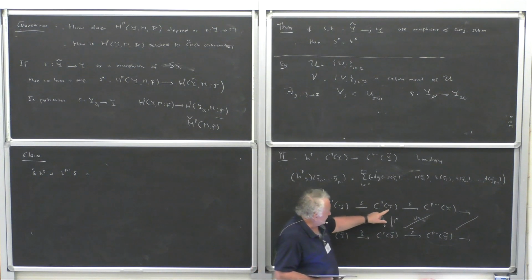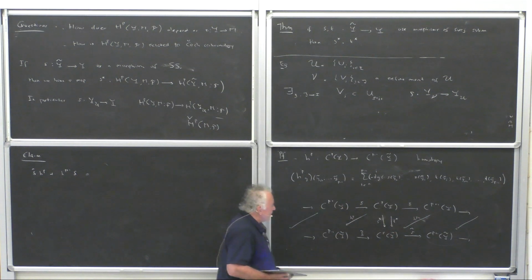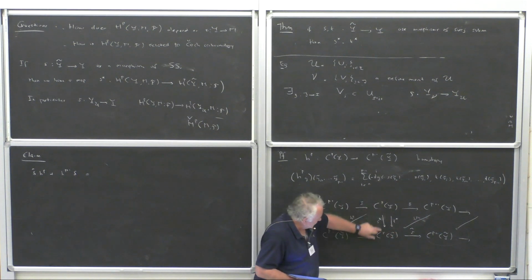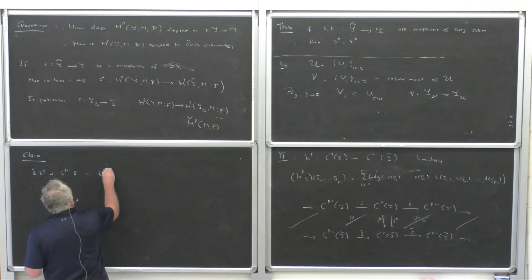You can compare this to first applying delta and then H^{p+1}, which also ends up here. So they are both maps from here to here. It turns out that that map is precisely the difference between T star and S star.